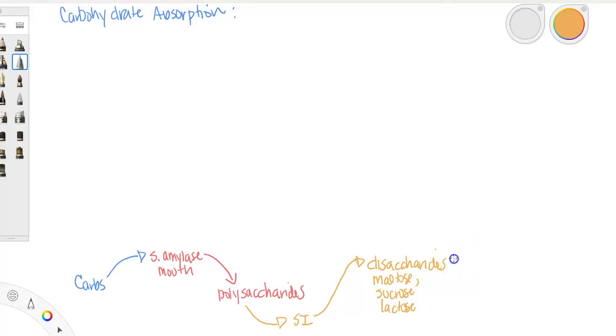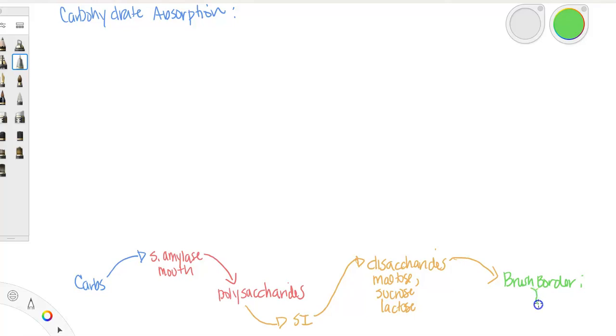All right. Then from there, that's when they end up going to the brush border. And the brush border will have the enzymes needed to break down the disaccharides into monosaccharides.